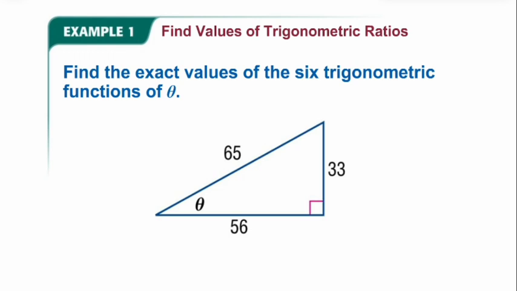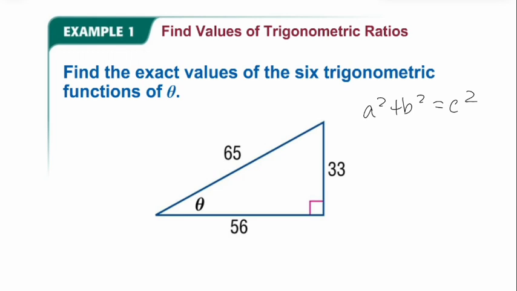Well, in geometry class, maybe even in Algebra 1, you were taught the Pythagorean theorem. A squared plus b squared equals c squared. The A and B must be either of the legs, the things that form the right angle. The C must be the hypotenuse.